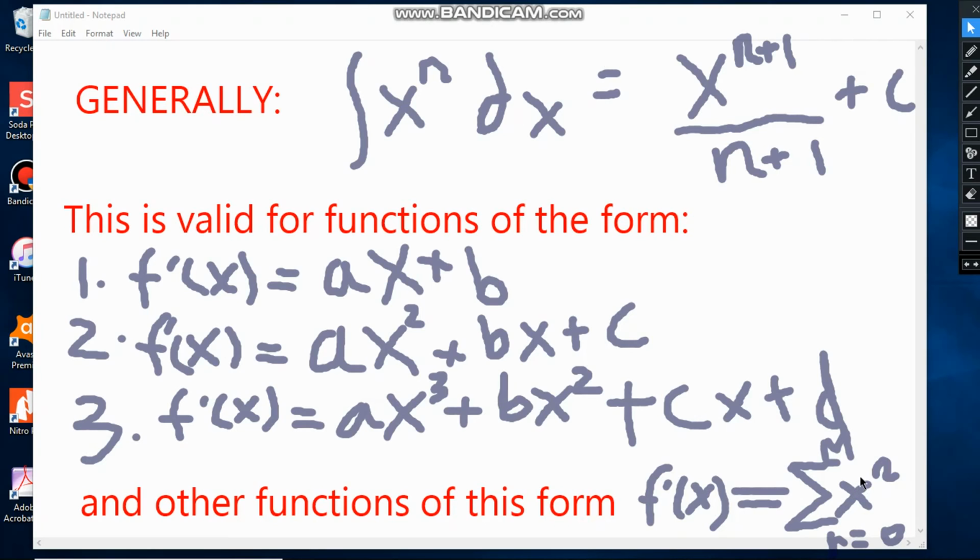So when I express this in expansion form, I get things like this one.